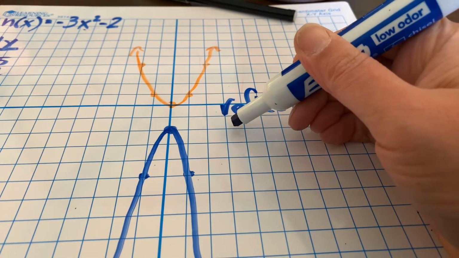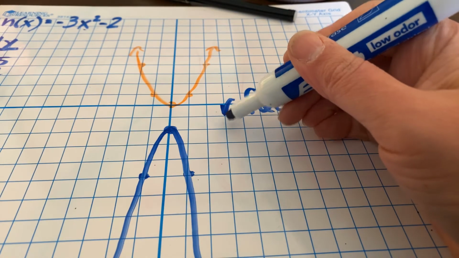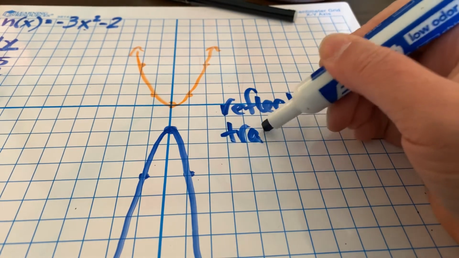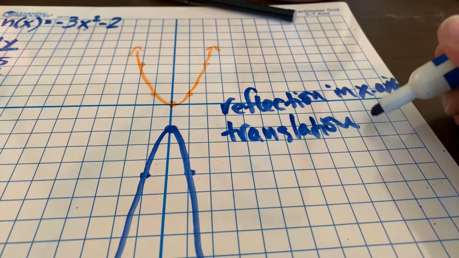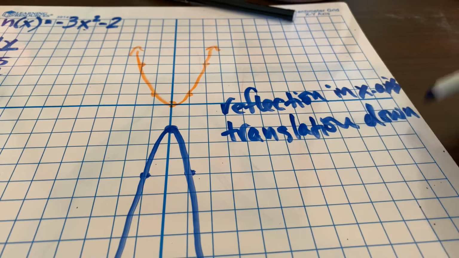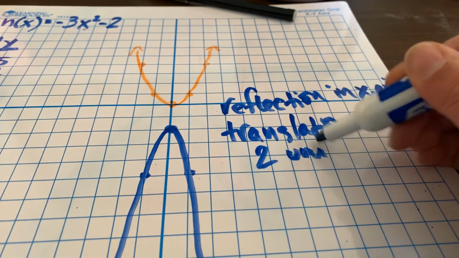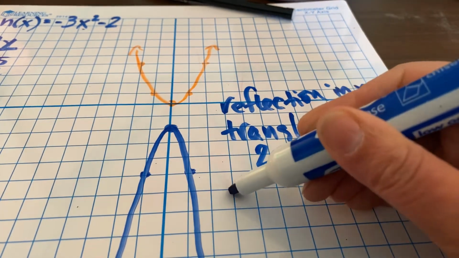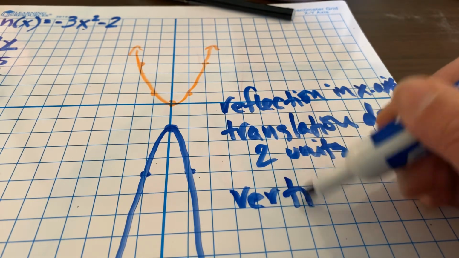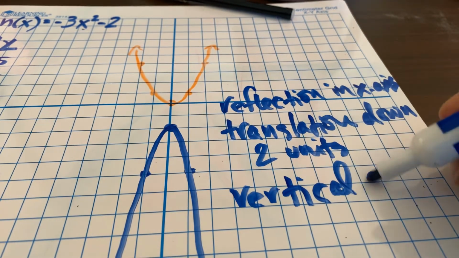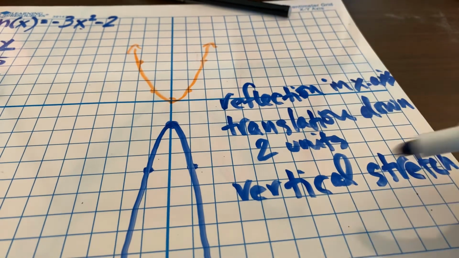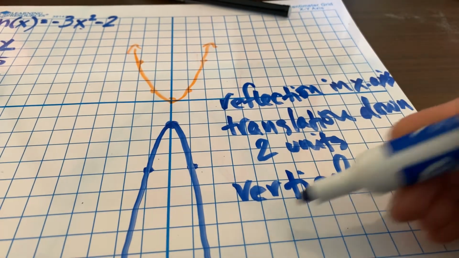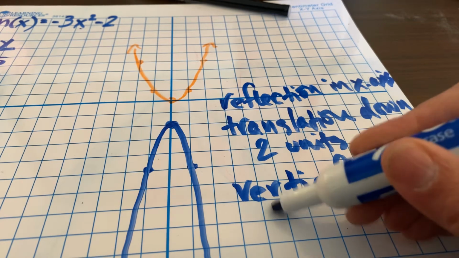followed by a translation down 2 units. There's also a vertical stretch by a factor of 3.